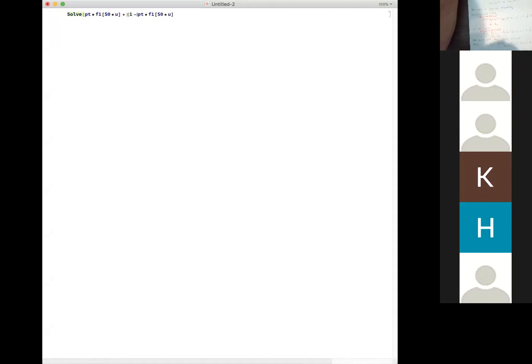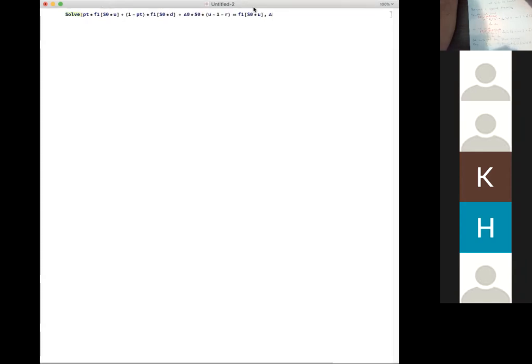And then over here, you'll have 1 minus P tilde times F1 times D. And then you'll have plus delta, this is our unknown, times S0 times U minus 1 minus R. I want this to be equal to F1 S0 times U. I want to solve this for delta naught. I get this long, messy expression.